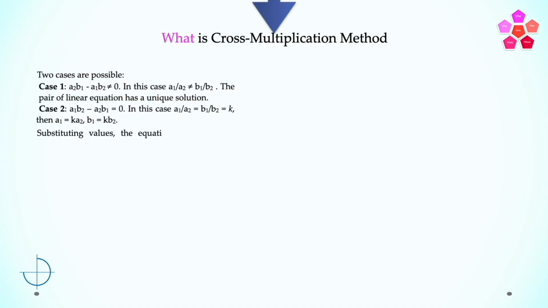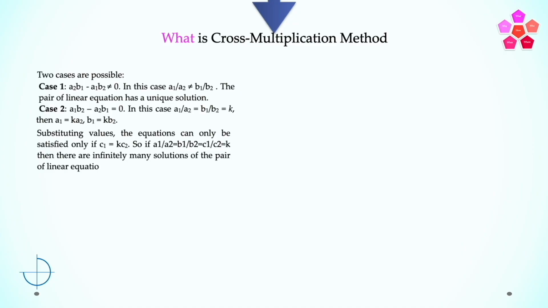Substituting values, the equations can only be satisfied if C1 is k times C2. So applying basic maths, if A1 by A2 is equal to B1 by B2 is equal to C1 by C2, which is equal to k, then there are infinitely many solutions of the pair of linear equations in two variables.